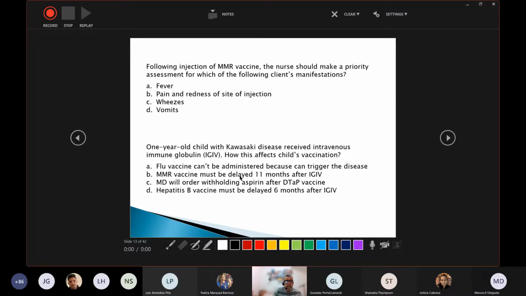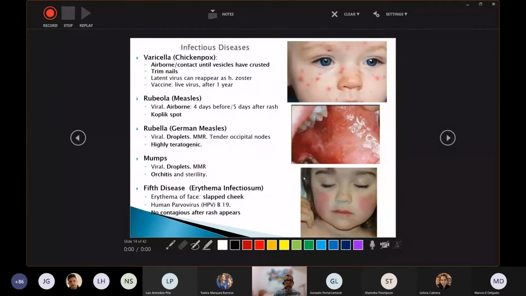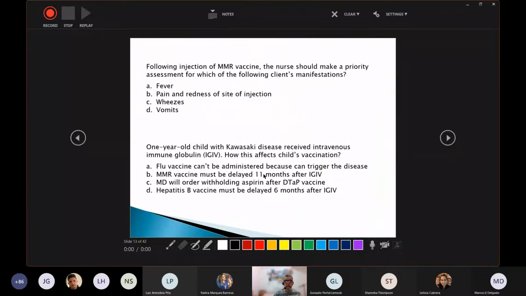You understand? So it needs to be delayed 1 year after the IVIG. It's 1 year, guys. I said 3 months because I was thinking about other stuff. Remember, after 1 year of injected antibodies, either from the mama or artificially, is when the live viral vaccine is given.